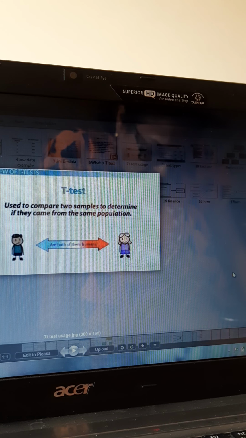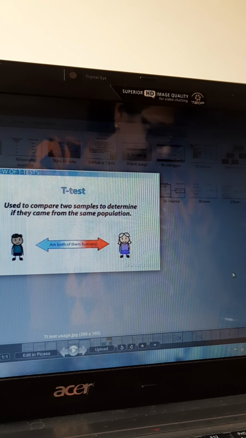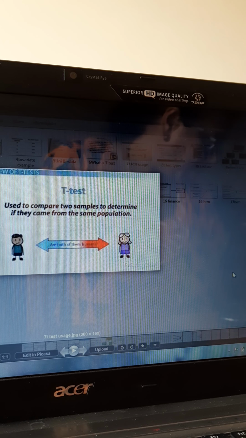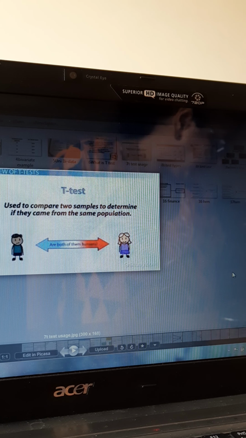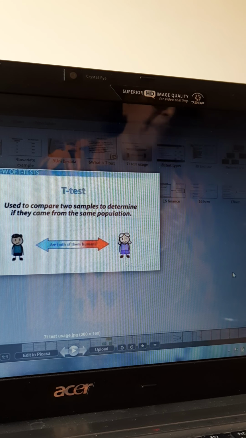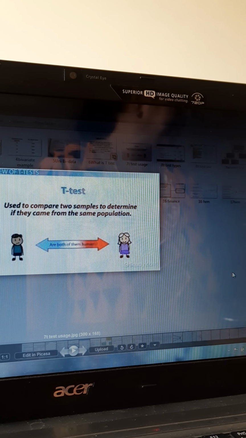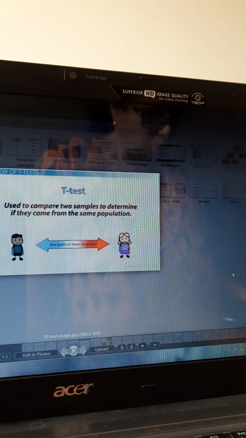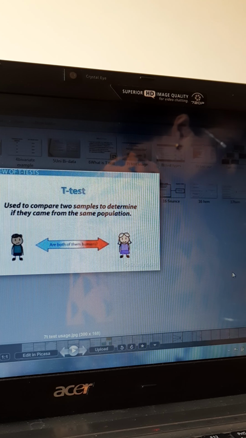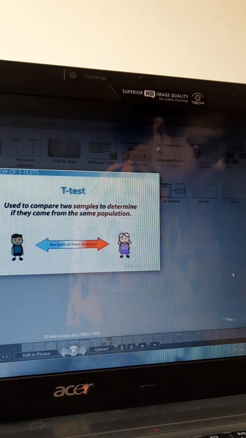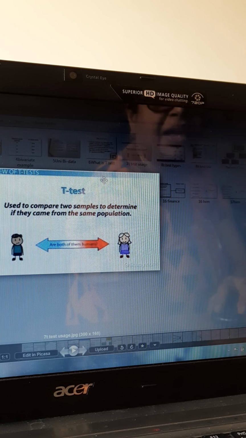Please understand this. What is population? Let us take an example. Your class is the population. So, we want to find out whether the scores of male are different from the scores of female. Clear? So what we are doing, we are taking two samples, male and female.